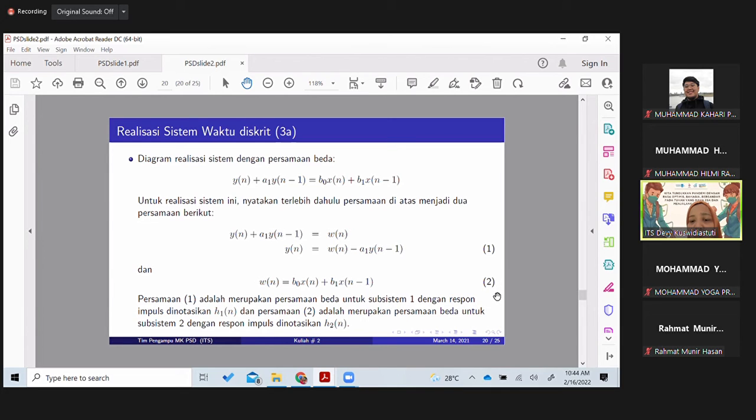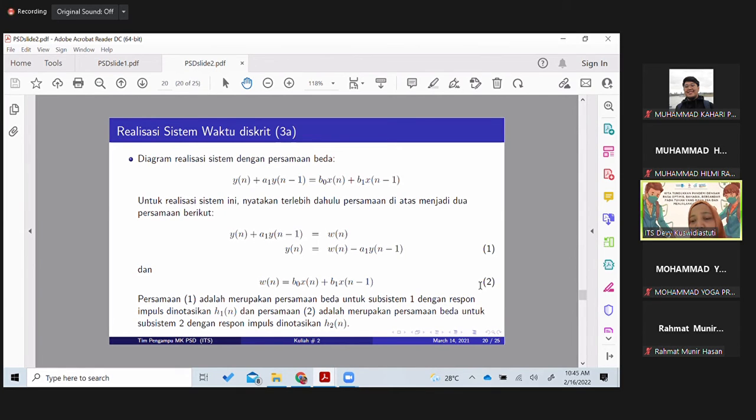In equation 2, wn is the output of subsystem 2. Equation 1 is the differential equation for subsystem 1, which has an impulse response notated by h1n. The second equation is the second subsystem with impulse response notated with h2n.